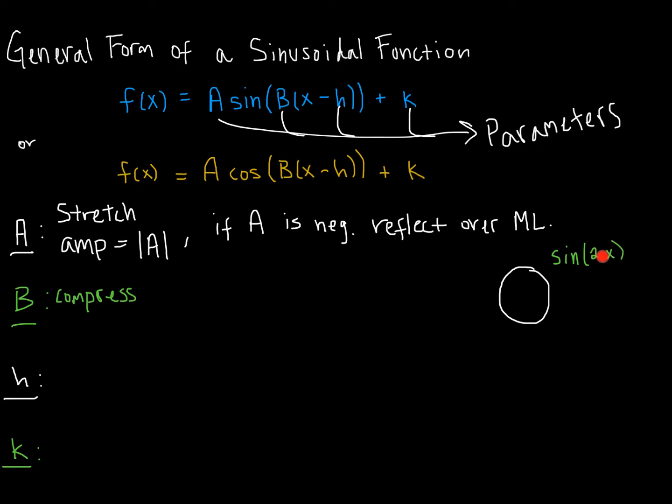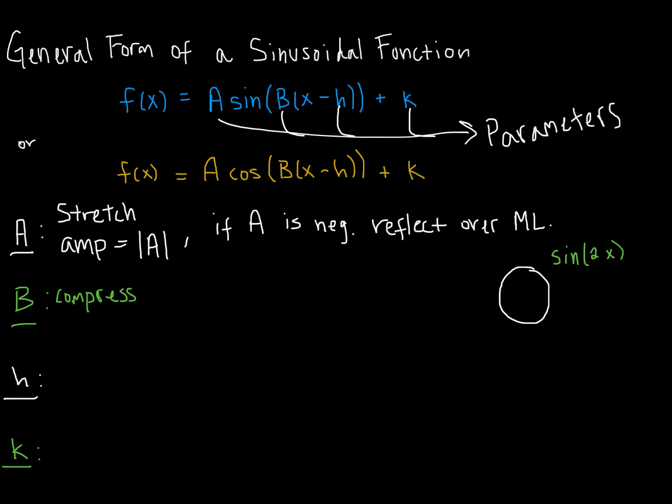And then when x is pi over 2, normally you'd be here, and you'd have sine of pi over 2. But because you're multiplying by 2, your x value of pi over 2 actually takes you all the way halfway around the circle. And so instead of having to use x equals pi over 2 to get to this point, you actually just need half of that, or pi over 4, because you're multiplying by 2.